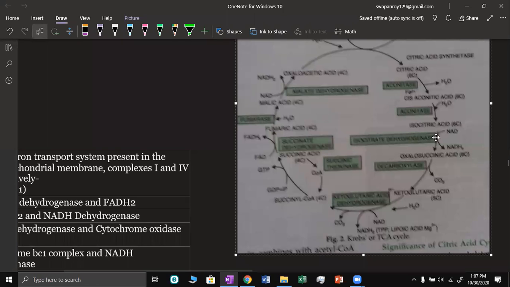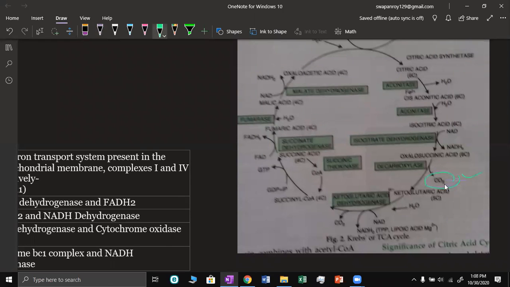Here you can see so many steps are there. Citric acid to aconitic acid. From isocitric acid, it is converted into oxalosuccinic acid. Here NADH2 is produced. Oxalosuccinic acid is converted into alpha ketoglutaric acid. Here carbon dioxide is produced. You can see the carbon dioxide here.